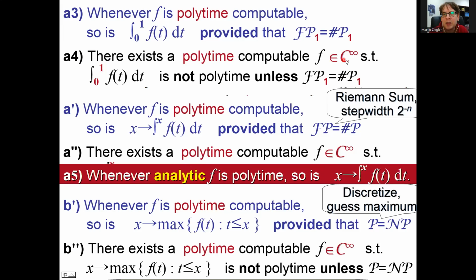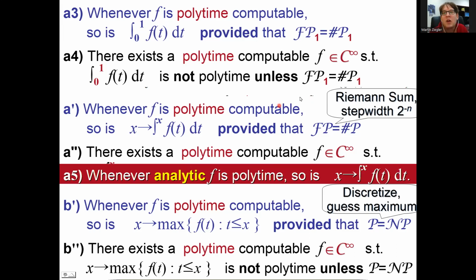So if we proceed here from smooth, from C infinity functions, to functions that have local power series expansion, then all these operators do preserve polynomial time computability unconditionally without such hypothesis. But when we just take this little tick away from analytic to C infinity, then they don't.